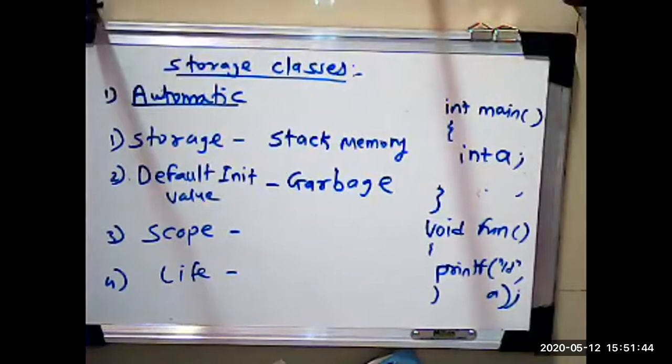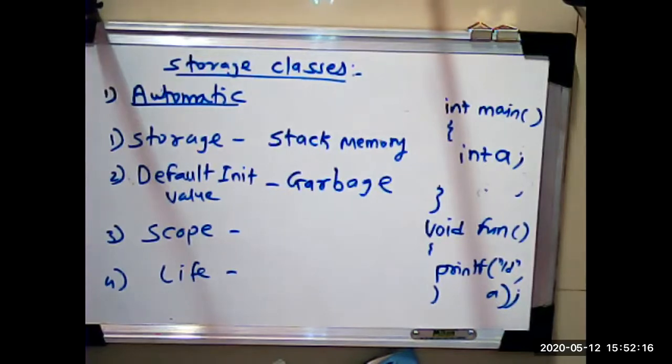Type yes or no. If you think I can use the a in the fun function, type yes, otherwise type no. Now a is declared in the main function, and you are trying to use that same variable a in the fun function. Is it possible?